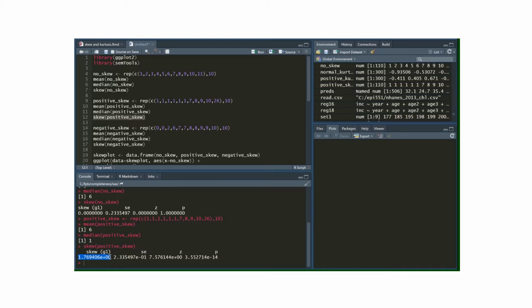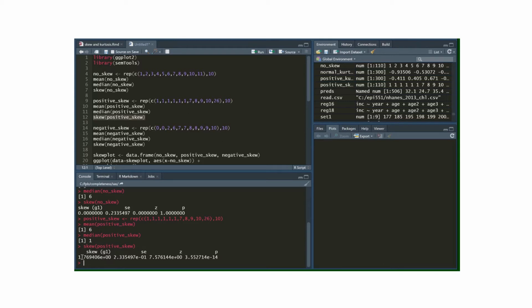1.769. Now, you may not have seen this notation before, e plus 0 0, e minus 0 1. This is called exponential or scientific notation, and some R functions will use it. And so what this does is it says, take the number that appears before the e and multiply it by 10 to the power that is after the e.